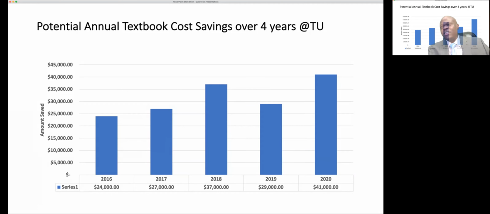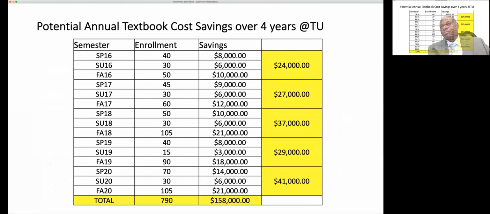And you can see 2018 and 2020, I obviously taught an overload. That's why you see more students and savings of $37,000 and $41,000. This is the breakdown of how the calculation was done based on the enrollment per course. This is not counting the students in the intro lab courses. This is just counting the students taking the lecture courses.